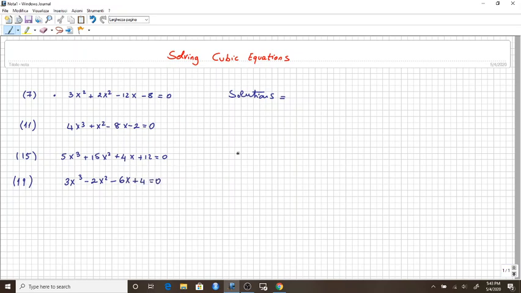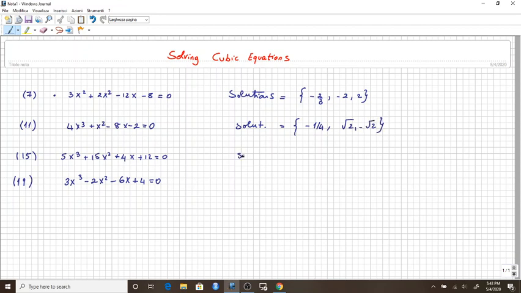Now, let me give you the solution. So for problem number 7, you should get negative 2/3 and then negative 2 and positive 2. For problem number 11, the solutions are negative 1/4, square root of 2 and negative square root of 2.